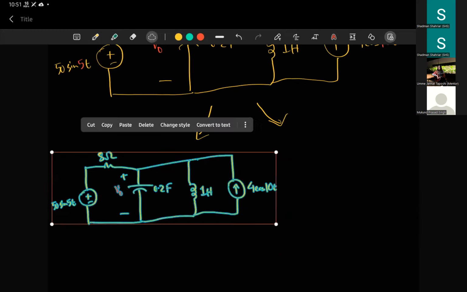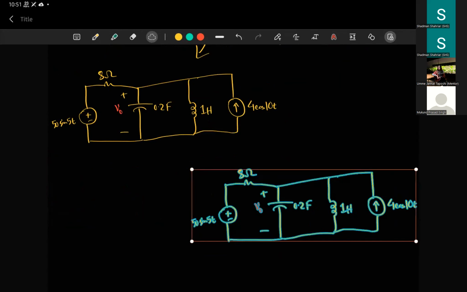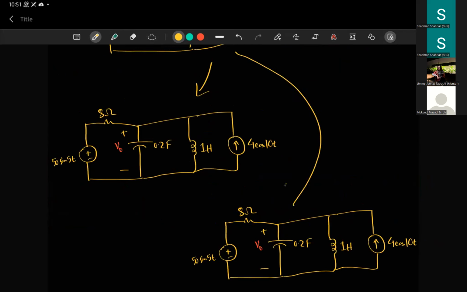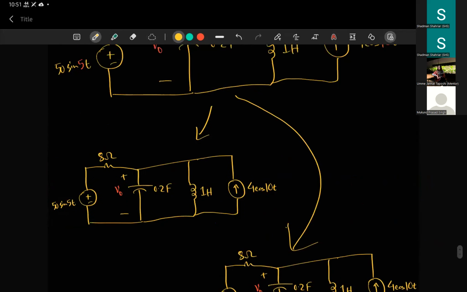Okay, this can be written as the sum of 2 different circuits where one of the sources is active in each case. For example, in the first circuit, the voltage source is active, and we kill this current source. How do we kill a current source? By open circuit.